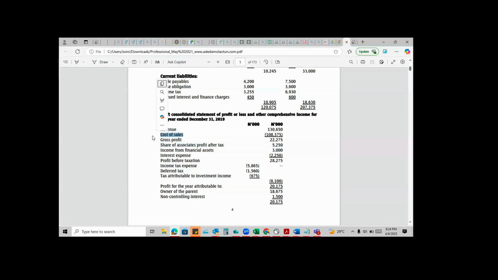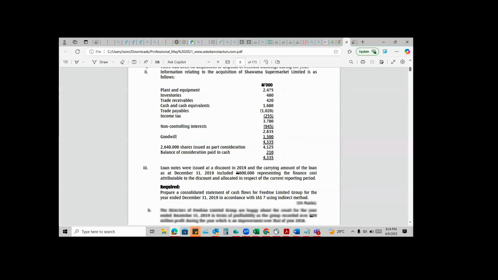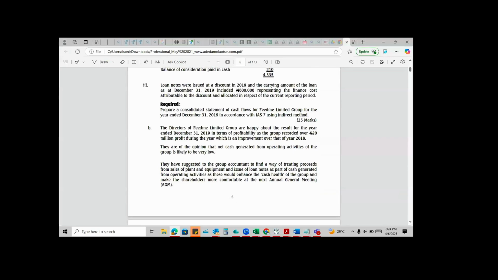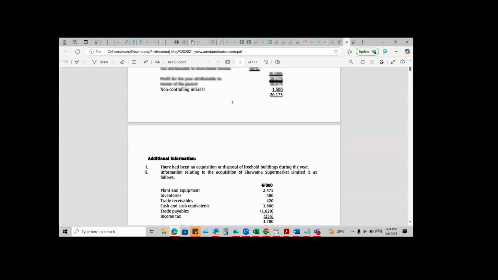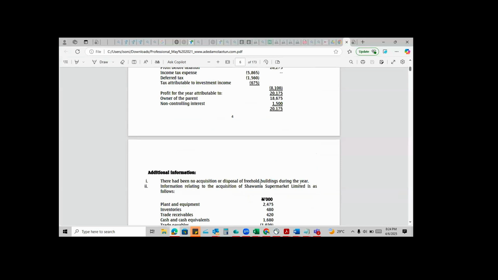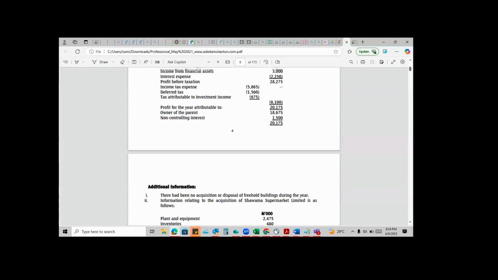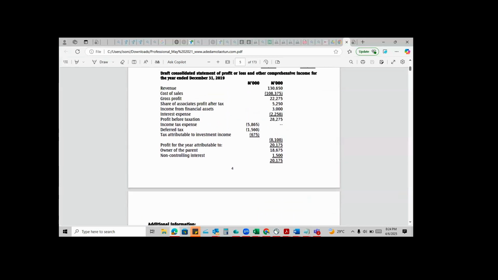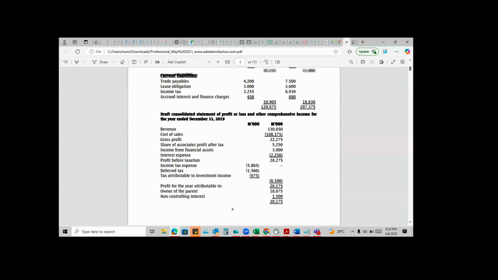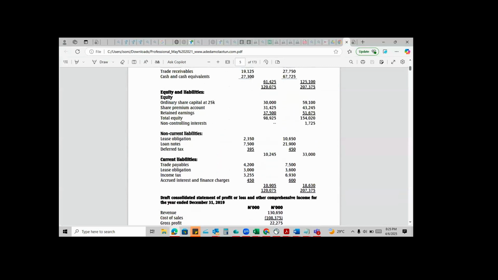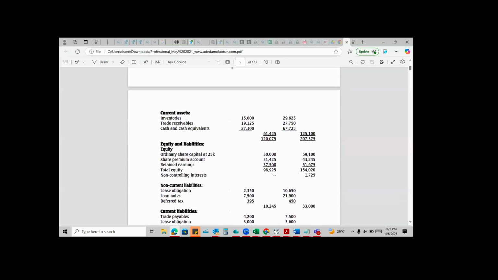But what did the question really say about depreciation? I saw that additional information number one told me about freehold buildings. It said there had been no acquisition or disposal there. If there had been no acquisition or disposal, then there's one suspect left that could have caused a movement on the balance of the freehold building.